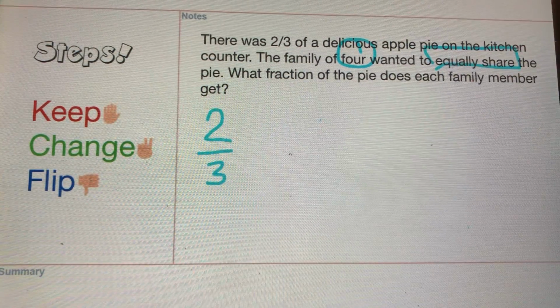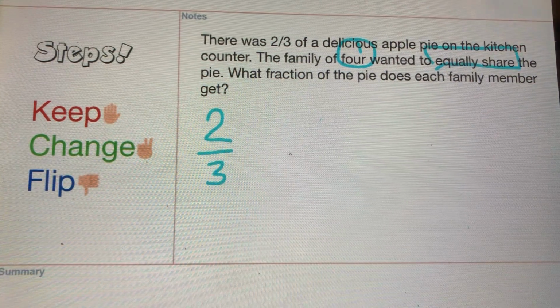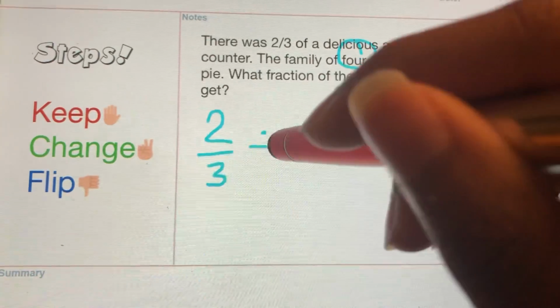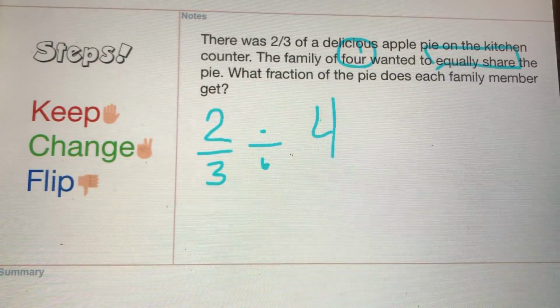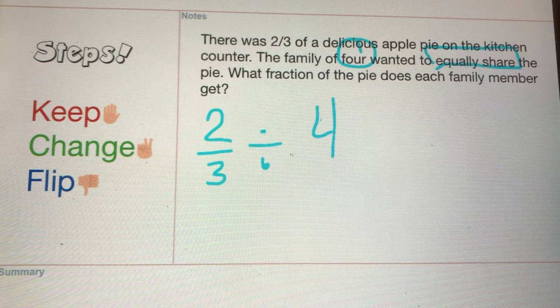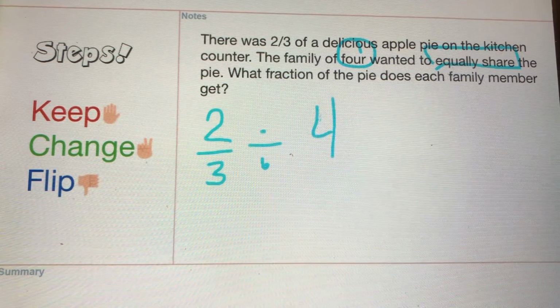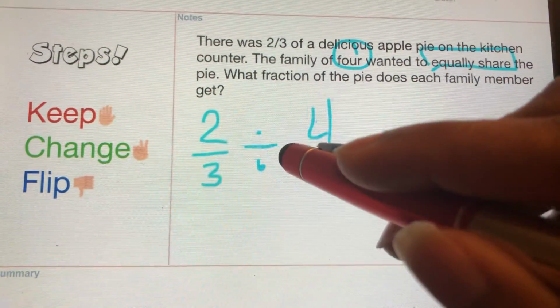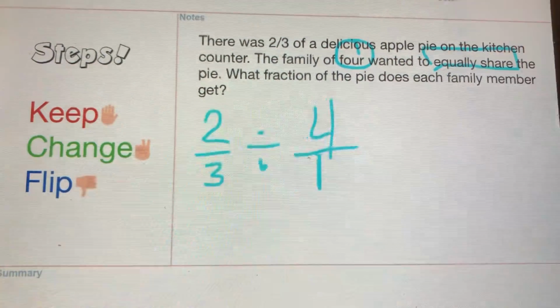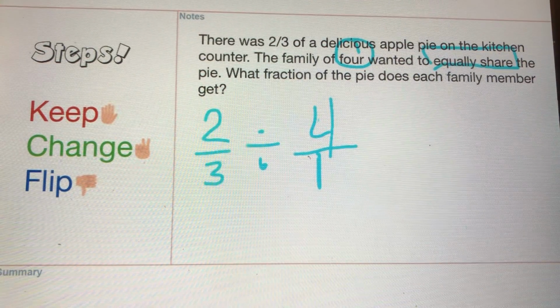Equally share, split up, whatever, we know we want to divide. So divided by the number we have here, which is 4. Remember, when you have a whole number, what do we want to do? Put that 1 underneath, and now we can go ahead and do our problem.